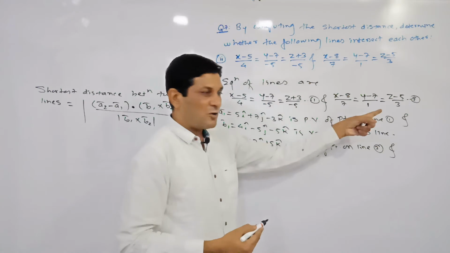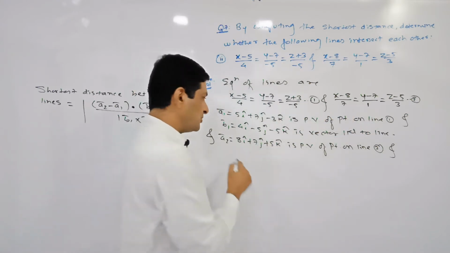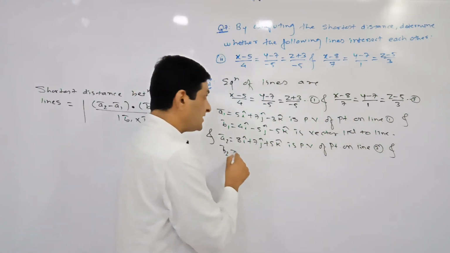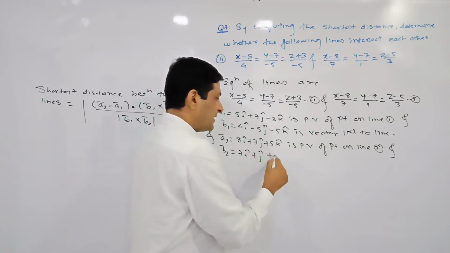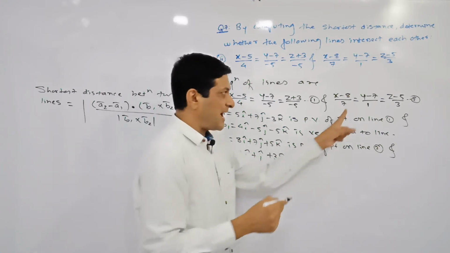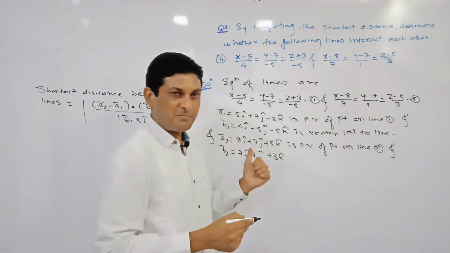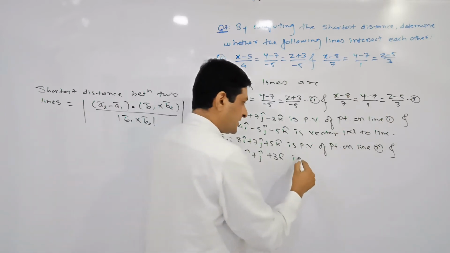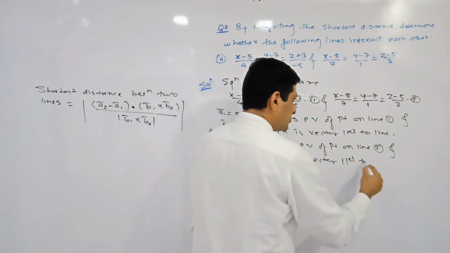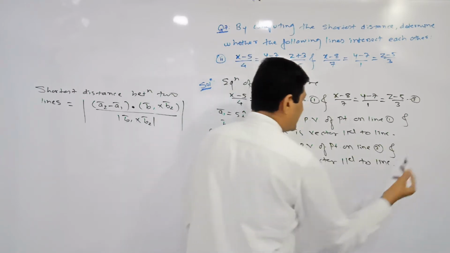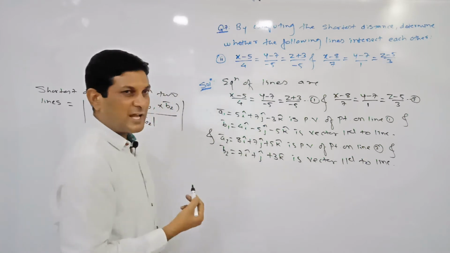Let us find b2 bar, the vector parallel to the line. b2 bar is equal to 7i cap plus j cap plus 3k cap; from the direction ratios we have got the vector parallel to the line. Now all the values required to apply this formula are known to us.